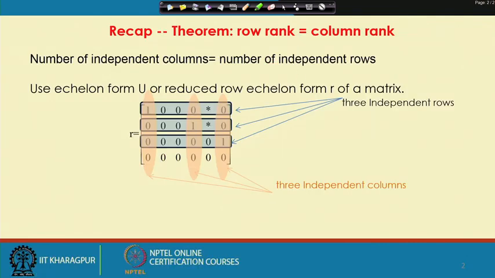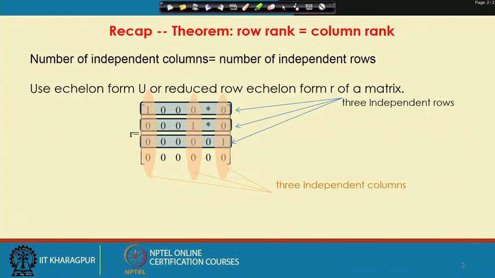The important part which we will recapitulate before starting this discussion is the theorem which says row rank is equal to column rank, and that implies that the number of independent columns in a matrix is equal to the number of independent rows. If we remember, this was shown by considering the echelon form, or reduced echelon form R of a matrix A, where we got the pivoted rows, and the number of pivoted rows is the same as the number of pivoted columns.